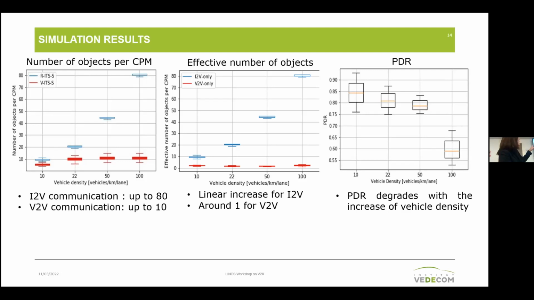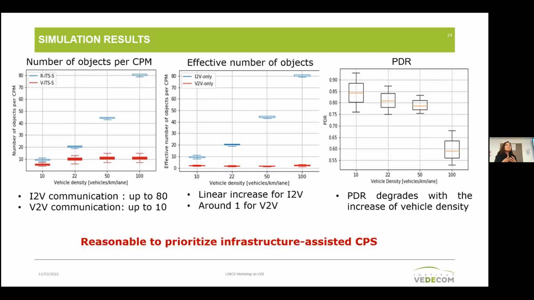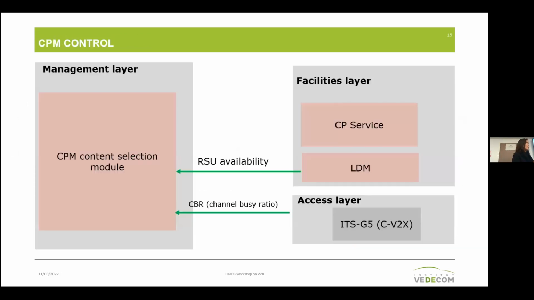But what is interesting is the effective number of objects in the CPM, the number of objects uniquely detected and informed by this vehicle. There, we have only one effective object for a vehicle. Even if it detected 10 vehicles, only one was unique, because the others are redundant information.